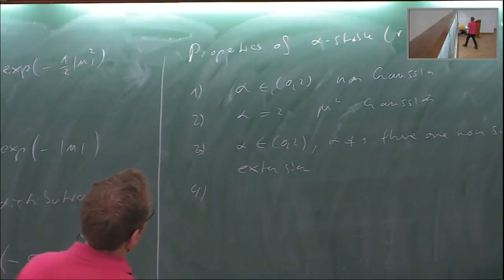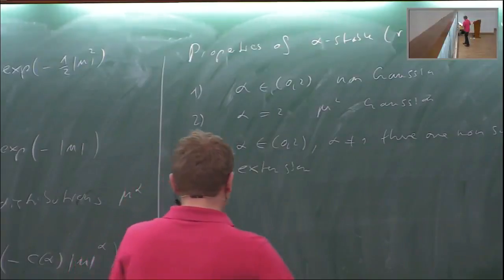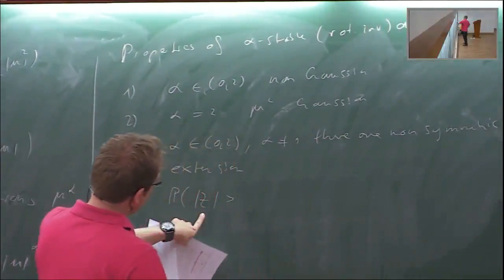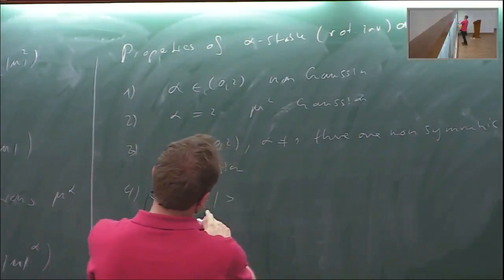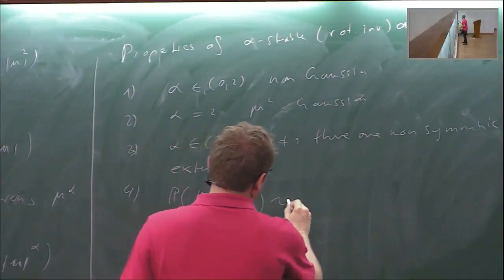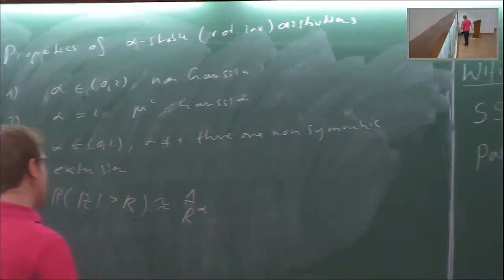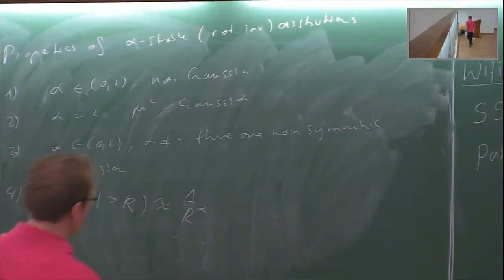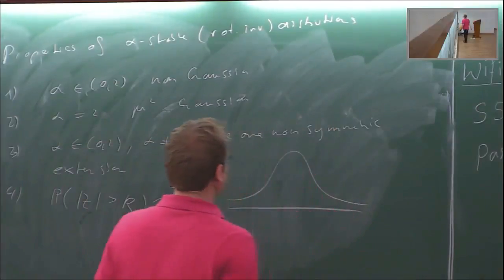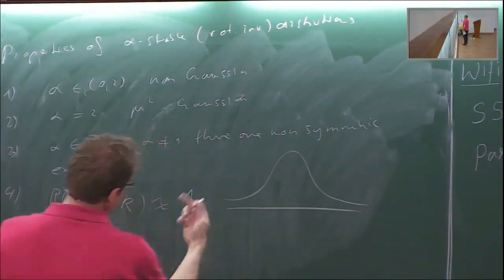And for all alpha strictly between 0 and 2, the distributions are heavy-tailed. This means the probability that a random variable distributed according to mu alpha is large, for large values of r, behaves like 1 over r to the alpha. So they resemble, for example, the Cauchy distribution, where you also have this kind of decay, like 1 over r.